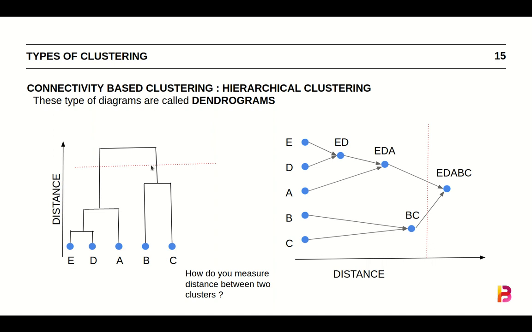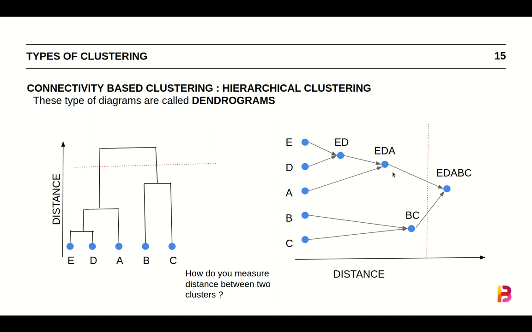Let's say you want three clusters. I can move this red line somewhere here, and then my cluster 1 comprises E, D and A at this point, and then B and then C. So imagine moving this line somewhere here.